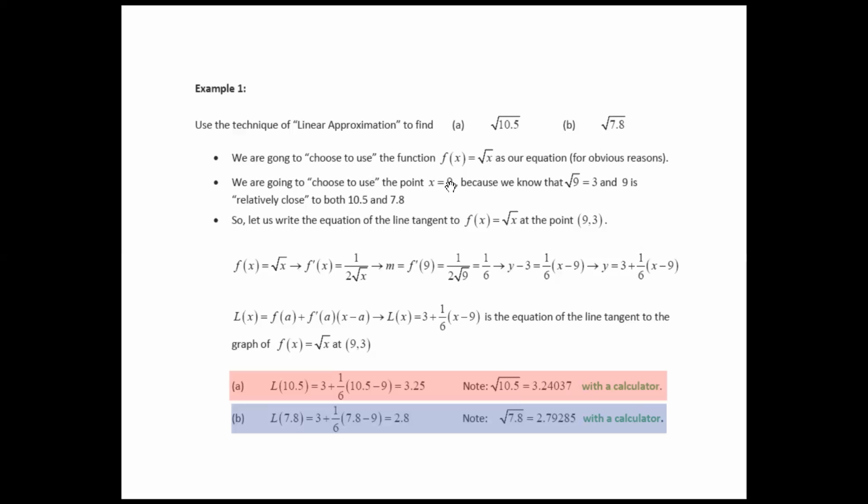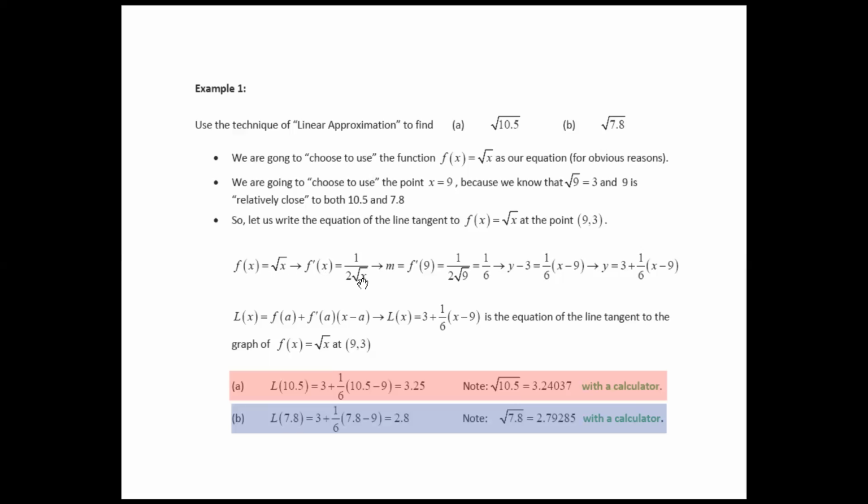Now, the first thing we need is the y coordinate. Since we know that the square root of 9 is 3, and 9 is relatively close to both of these, that's my y coordinate, and here's my x coordinate. So we need the slope. We take the derivative. This is x to the 1/2 power, so the derivative is 1 over 2 square roots of x.